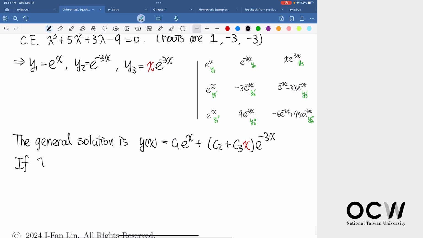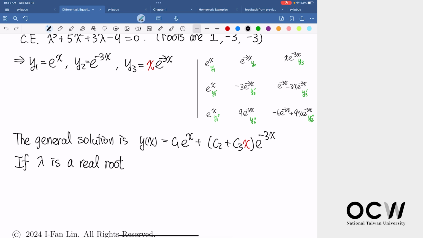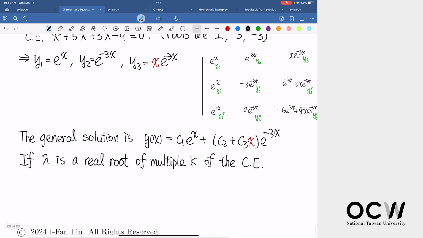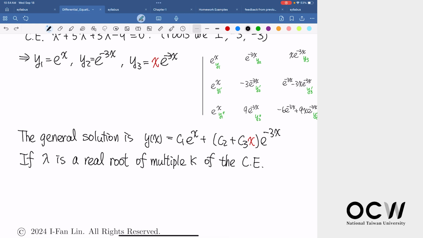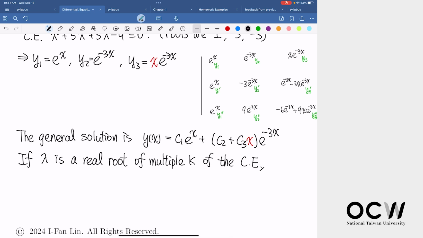If lambda is a real root of multiplicity k of the characteristic equation, then the solution is, so every time you just multiply by x, times x, times x.